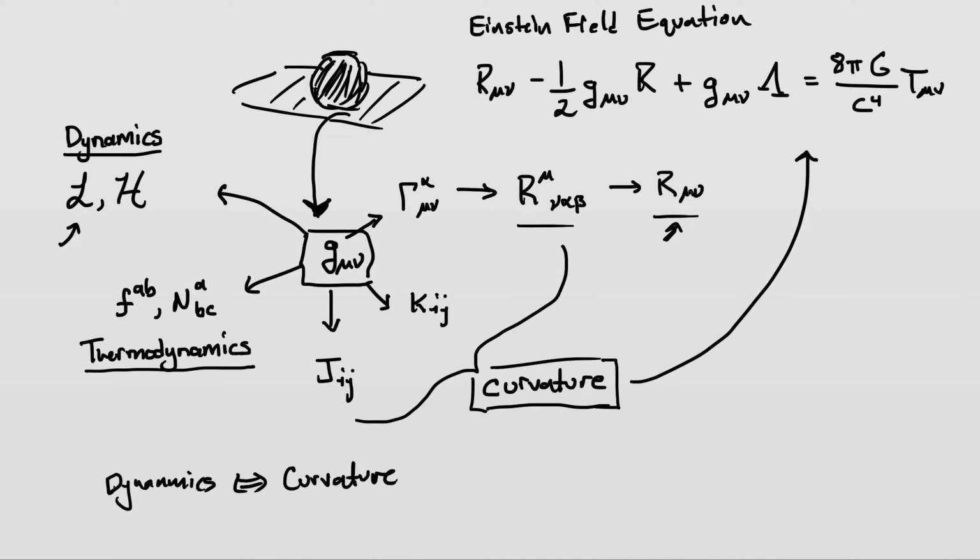These guys are ultimately related to this guy, which ultimately shows up in this guy. And these guys here, this is the Hamiltonian. The Hamiltonian and Lagrangian are transforms of one another. And then we can also look at the thermodynamics.